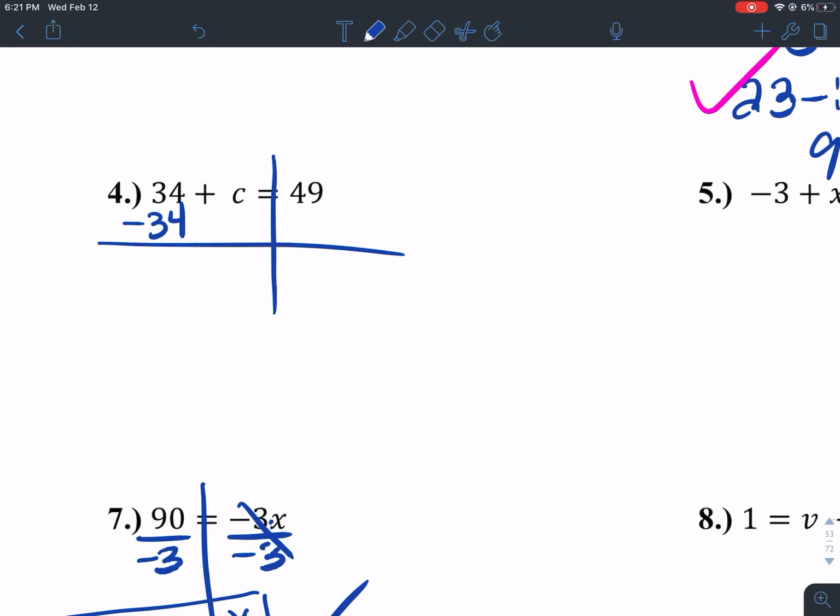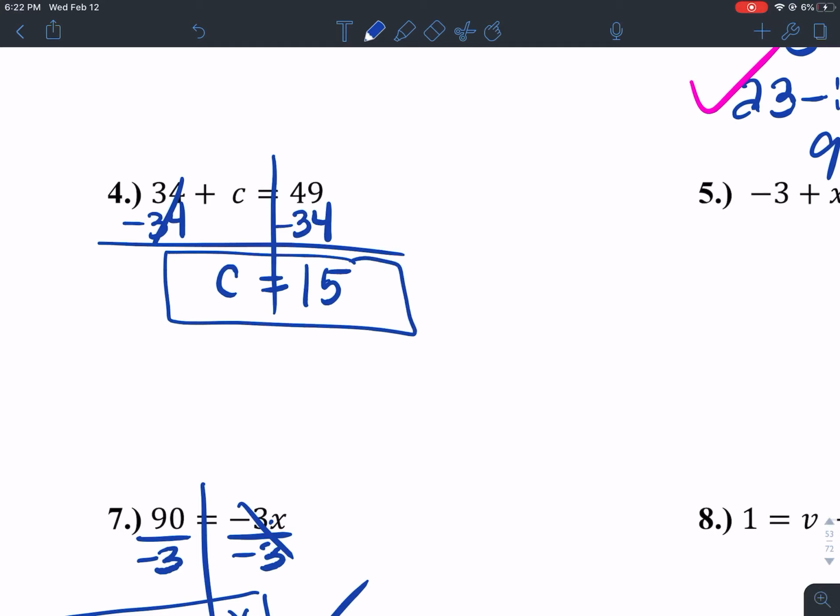Remember, getting it to 0. Minus 34 cancels out. That's a 0 because 34 minus 34 is 0. I'm left with c equals 49 minus 34, and that gives me positive 15, and that's my answer.